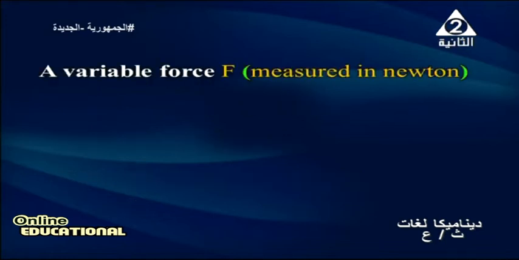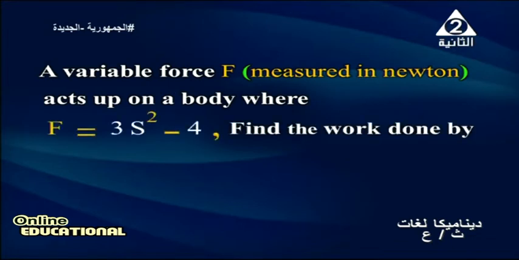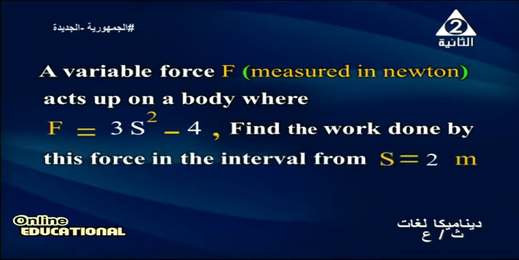Another example, a variable force F measured in Newton acts upon a body where F equals 3s squared minus 4. Find the work done by this force in the interval from S equals 2 meter to S equals 5 meter.